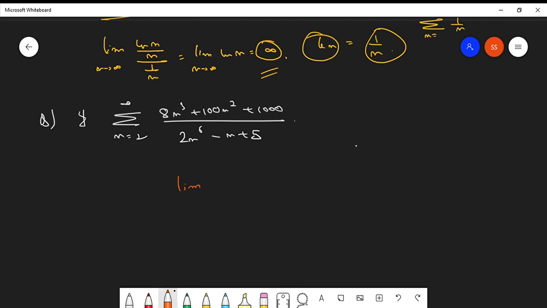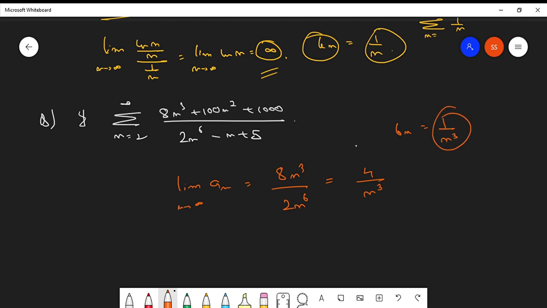If we do limit n tends to infinity a_n, it will behave like the highest powers, so 8n cube over 2n to the power 6, which is 4 over n cube. So if we choose b_n as 1 over n cube.